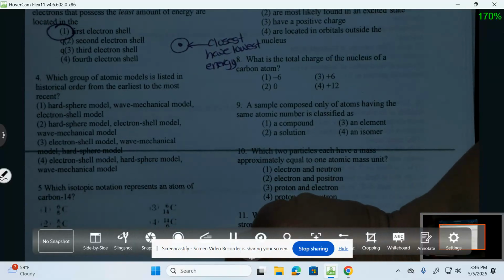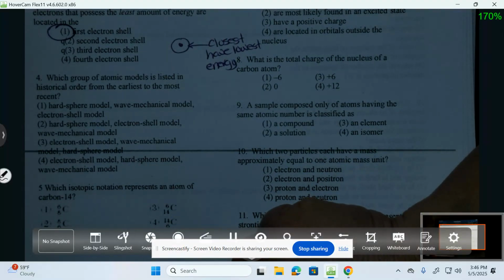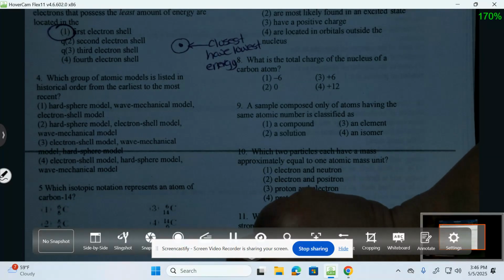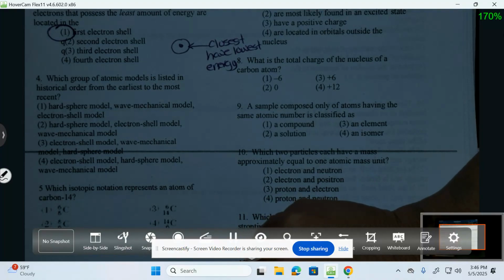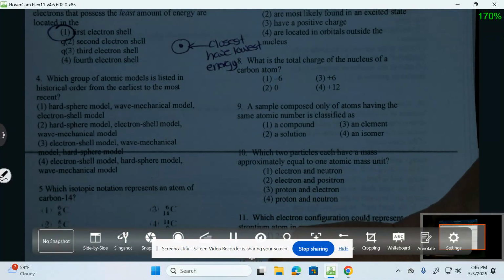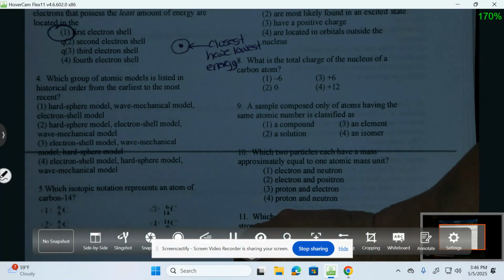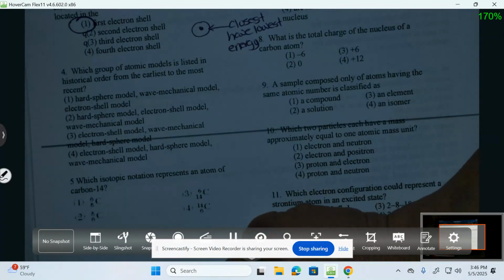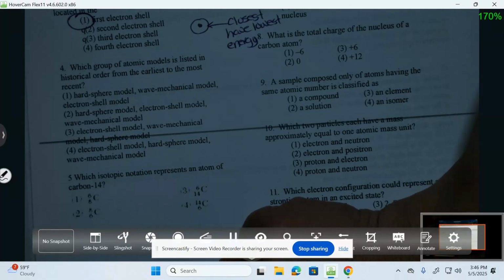Alright, which group of atomic models is listed in order from the earliest to the most recent? So we had Dalton was first, then Thomson, then Rutherford, then Bohr. Who came first? Dalton. What did he say? What was his model look like? A hard sphere, right?